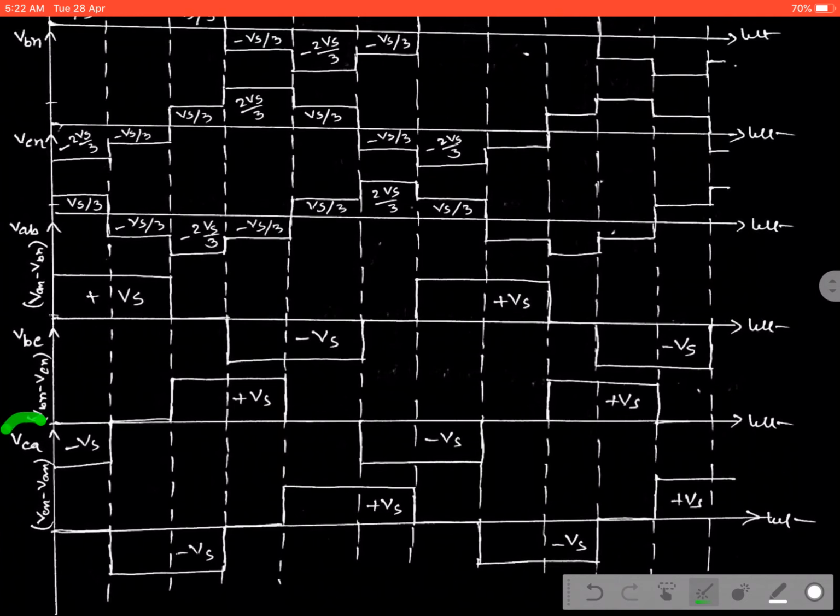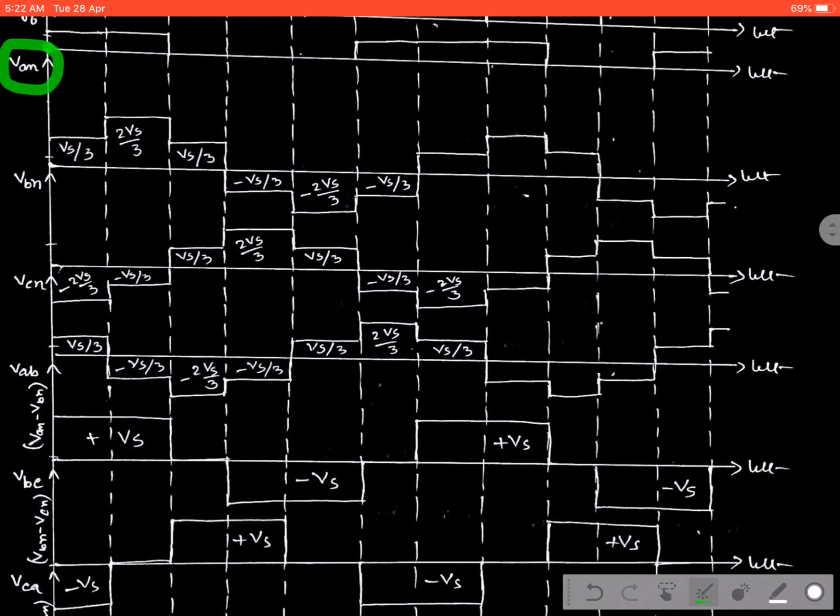The next case is VCA. The similar thing applies: VCA means VCN minus VAN. VCN gives you Vs by 3, and VAN is minus Vs by 3. So that means the difference is 0.